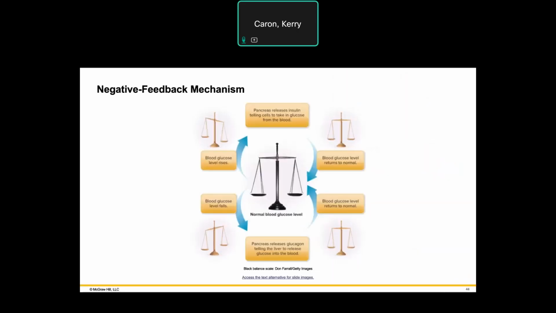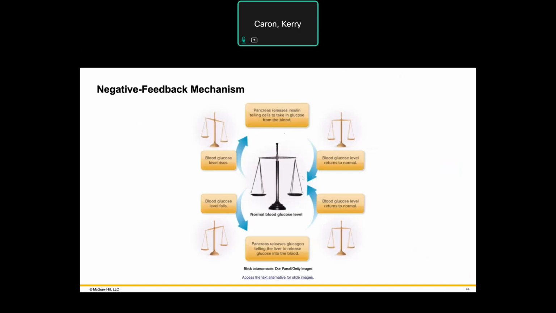Another example, and we'll talk about this in great depth with the endocrine chapter, is normal blood glucose. Let's see, where can we start here? Your normal blood glucose levels. This will make more sense in the endocrine chapter, but basically, if you eat something and your blood glucose level rises, like you ate a cupcake, your pancreas releases insulin, telling the cells to soak up some of that glucose in your blood because we don't want our blood sugar too high.